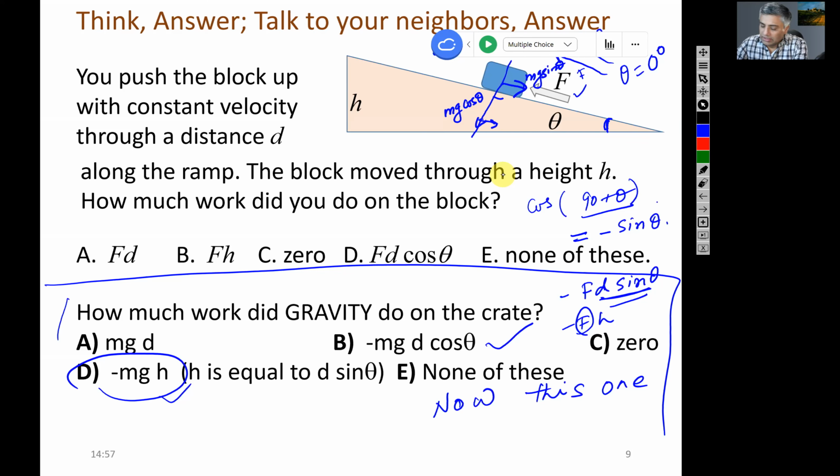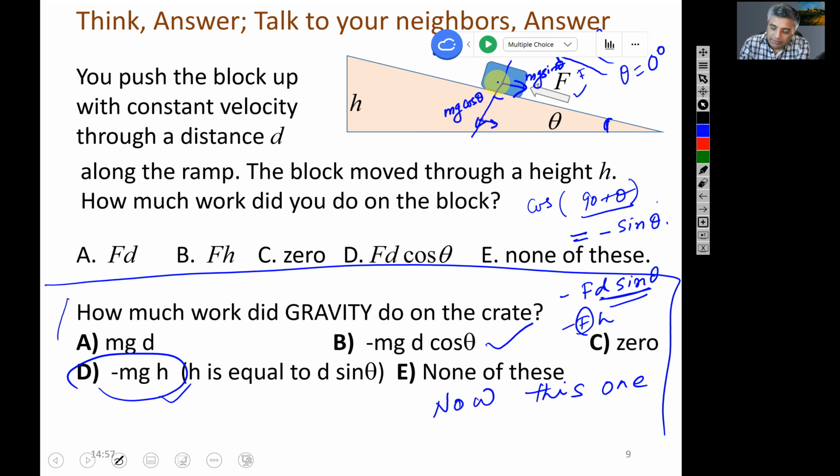So now let's take a look at one component at a time. For that, I can draw the displacement, still pointing in that direction. So now I know the angle between mg cosine theta and d. The cosine component and d, the angle between them is 90 degrees.